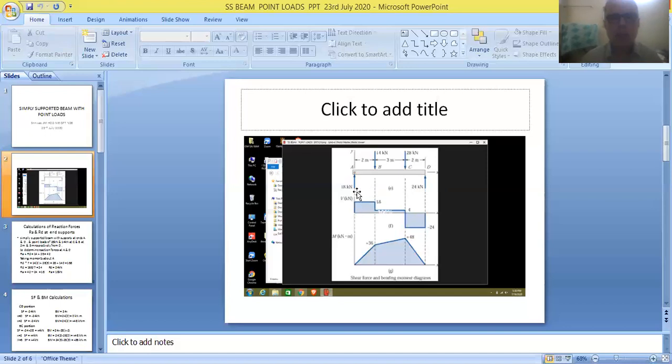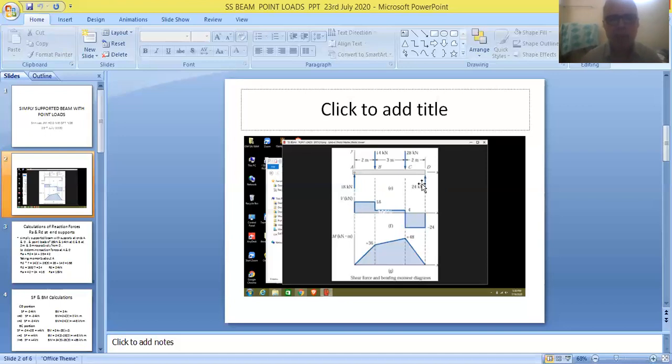Friends, you can see one support provided at the left end of the beam, and this is another support provided at the right end of the beam.